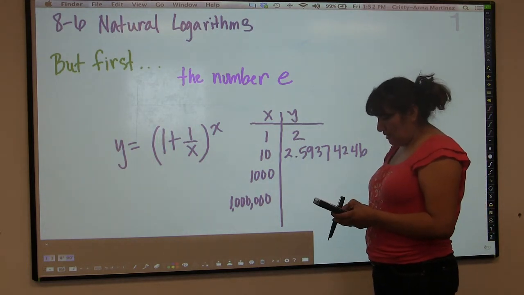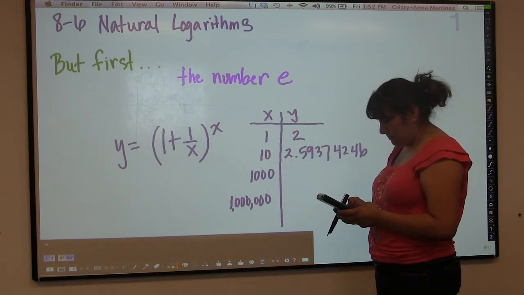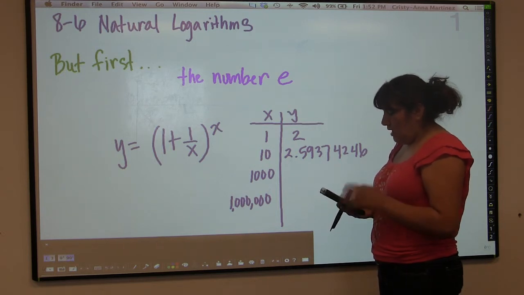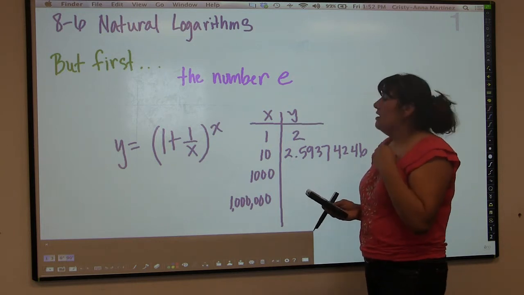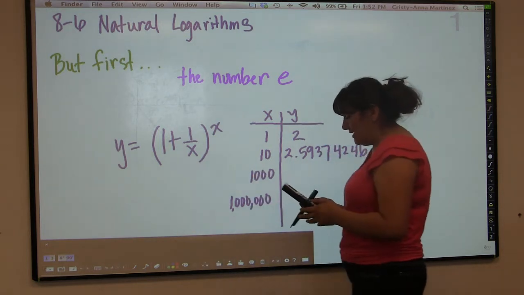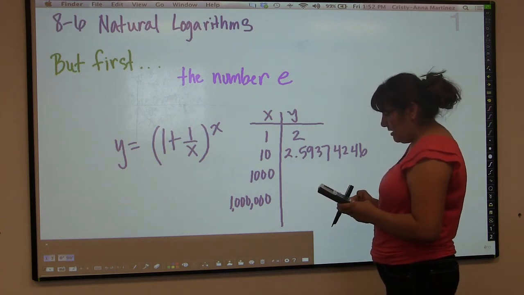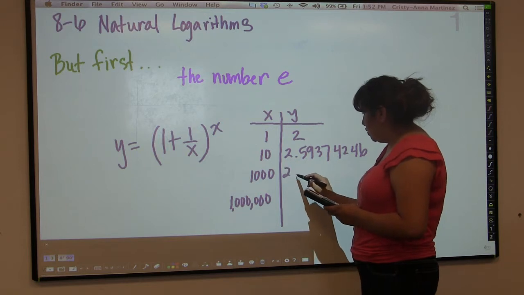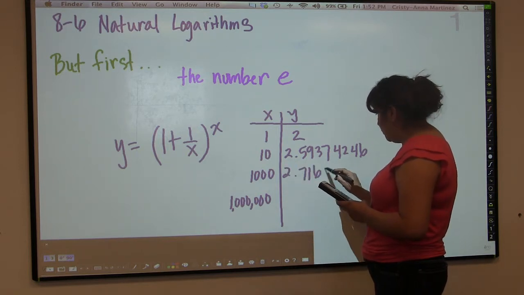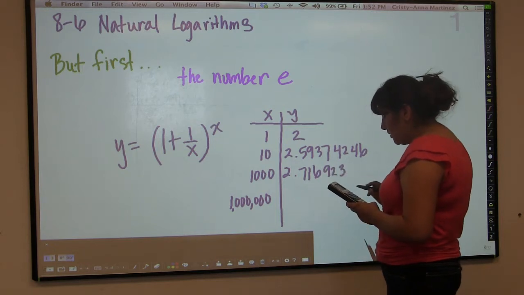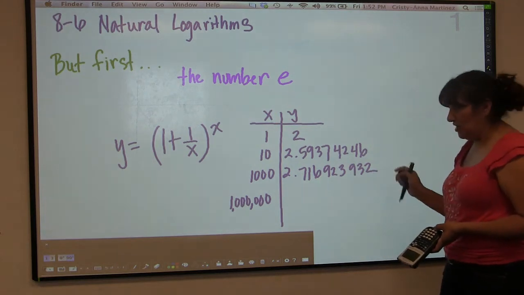So now we're going to go 1 plus 1 divided by 1,000, and 1 over 1,000 is 0.001, and so you take that, add 1 to it, and raise it to the 1,000th power, and you get 2.716923932. Those are all the decimal places that my calculator will give me.